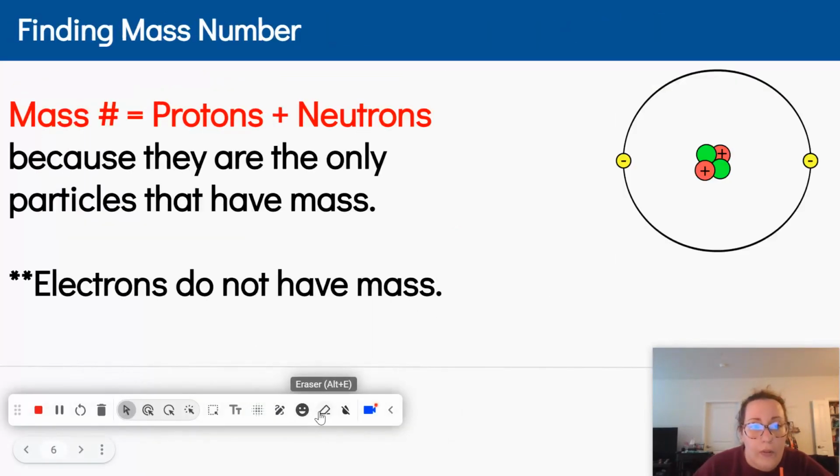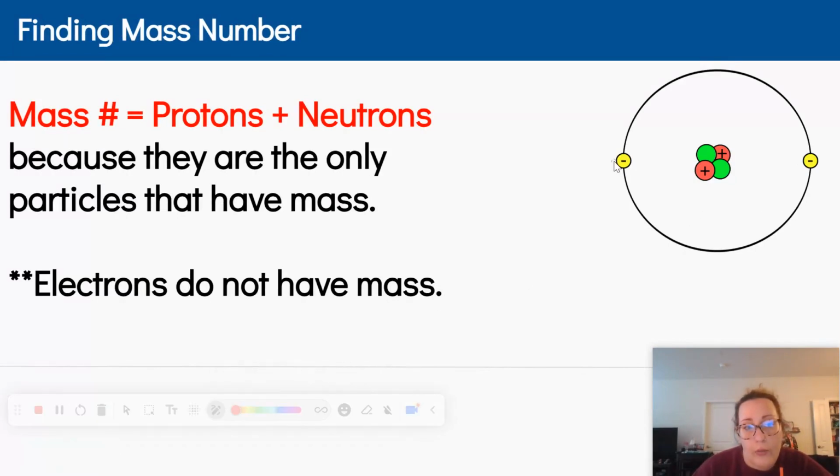The second thing we're going to look at is mass number. If you remember from one of our previous videos, electrons don't have any mass. So when we talk about finding mass, we are strictly looking at the nucleus of the atom. So given a model, you can count up the number of particles in the nucleus to find the mass.